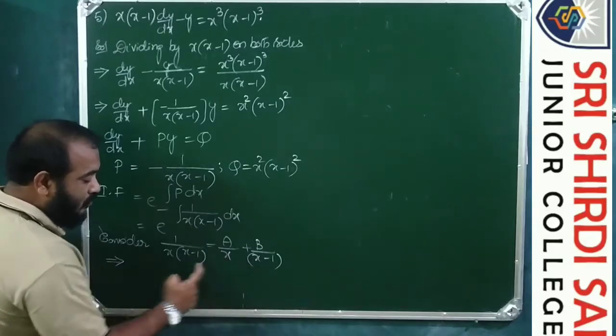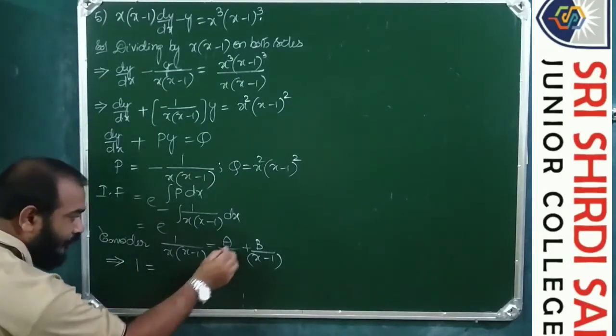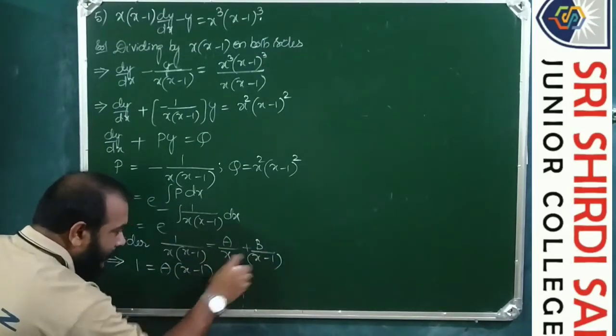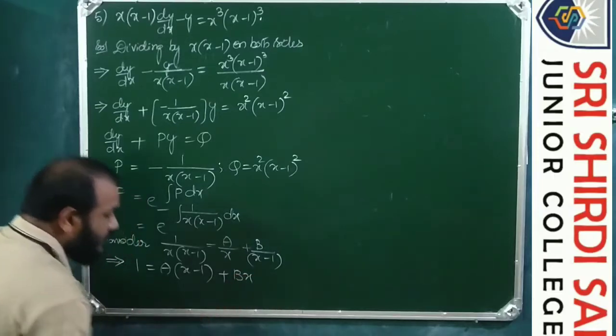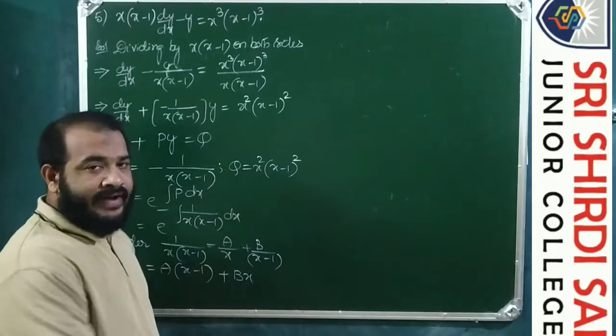So x into x minus 1 gets cancelled on both the sides. Therefore we are left with 1 equals a into x minus 1 plus b into x. So here x and x minus 1 are linear factors.